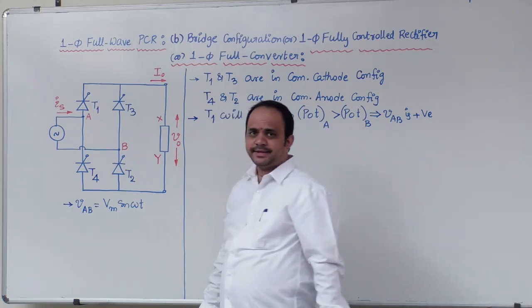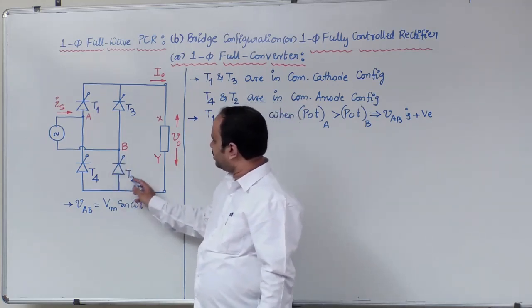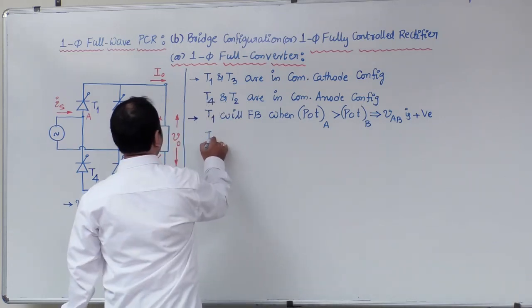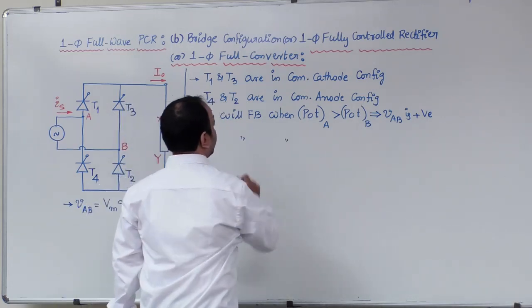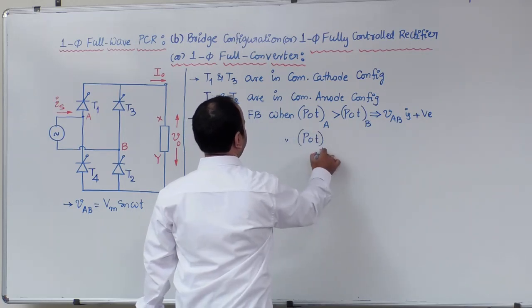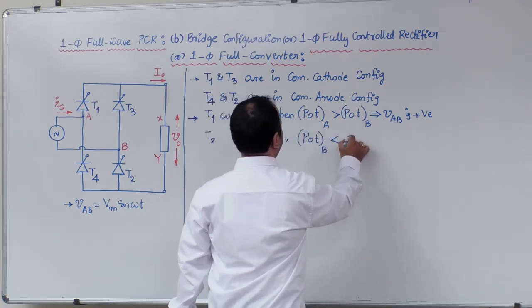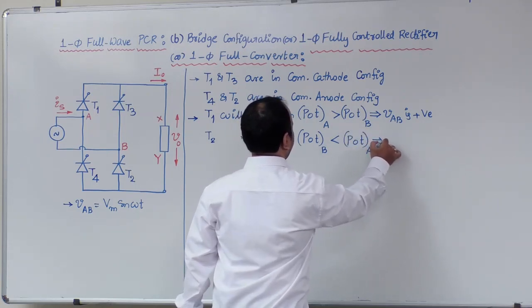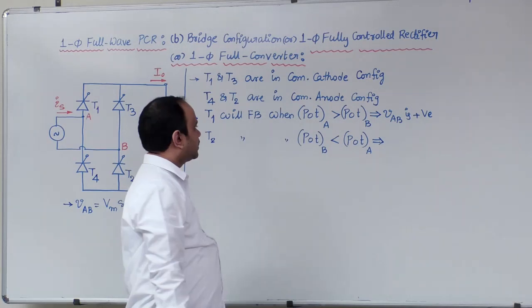Similarly, in the common anode configuration, lower half device T2 will forward bias when potential at B is less than potential at A.